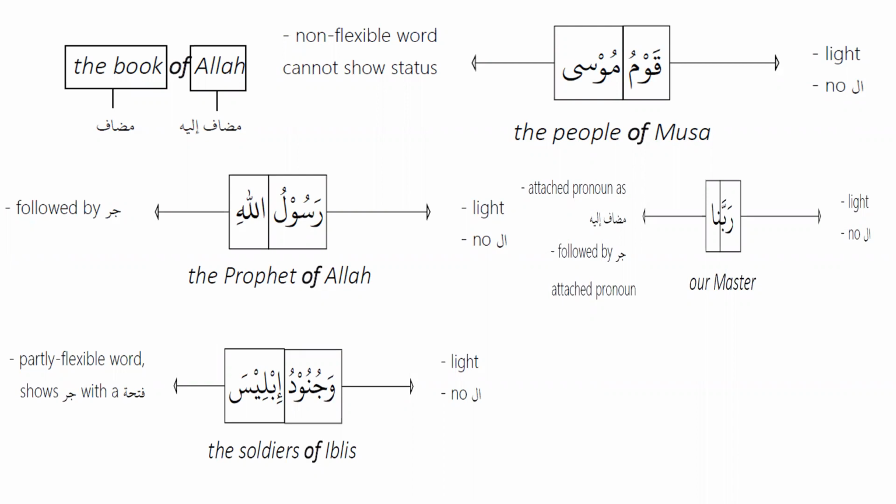We said every time a pronoun gets attached at the back of an ism, it creates an ownership thing. So we say it in better English and a better way now: every time a pronoun is attached to an ism, it creates an idafa. The pronoun itself is the mudaf ilay, and the noun before that is the mudaf. That's why, when we did the 10 exercises, all of them were examples of idafa. Her eyes, our book, our speech, their pen, all these things are examples of idafa.